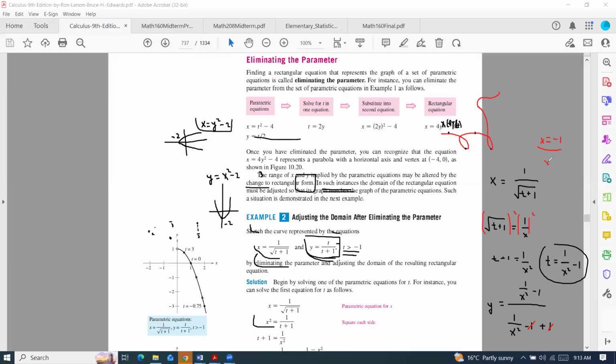And when you square both sides, you're going to end up with x squared is equal to 1, and x squared equal to 1 also tells you that x is equal to +1. That is not the original equation. So -1 is also going to work. -1 squared is 1, but +1 squared is also 1. So you picked up half of extra solutions. And that's why I guess people wouldn't like that.